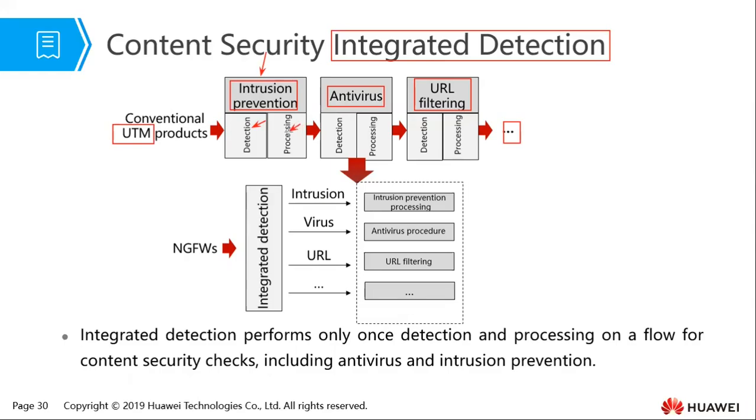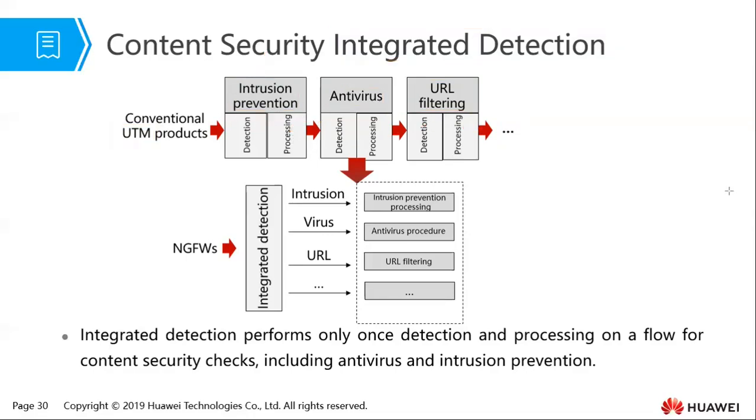That is to check whether it has a deny or permit or something like that. Then after doing that, you go to the next detection that you want to do, maybe antivirus. Again, you have to detect, then process. Then you move on to the next thing, URL filtering. You detect again, then you process. So that is how UTM firewalls were doing it.